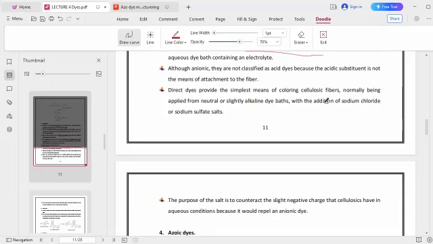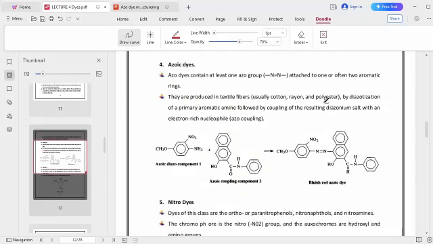Okay, and then we also have azo dyes, another class of dyes. The azo dyes contain this nitrogen group, which is connected by a double bond, and this azo group connects some aromatic rings.